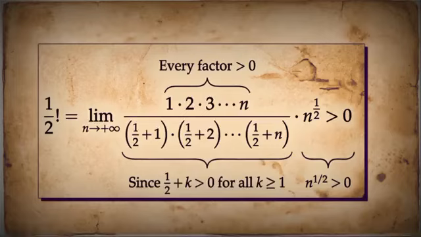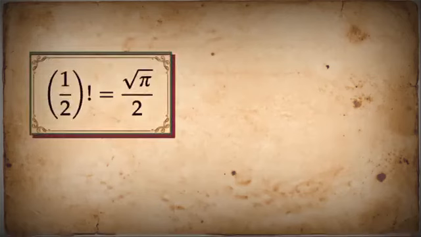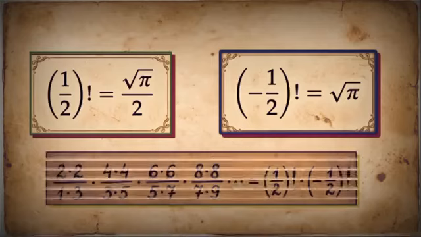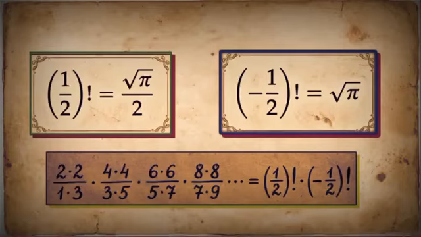Therefore, the limit must be positive, and the factorial of 1/2 must be strictly greater than 0. The factorial of 1/2 equals the square root of pi divided by 2, positive. The factorial of negative 1/2 equals the square root of pi, also positive. These are the final results, established through two independent methods, first through the Wallis product, and now confirmed through the reflection formula and the Euler sine product.